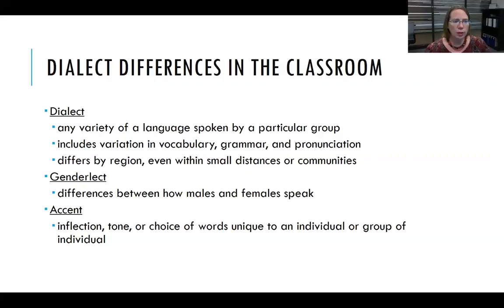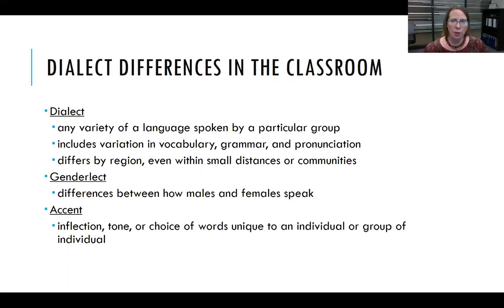So while respecting the idea that there are dialects, we also need to encourage the child in terms of writing to be able to use proper English, right? So we can respect while still trying to help them build the skills that we're going to allow them to achieve. So hopefully that makes some sense to you.